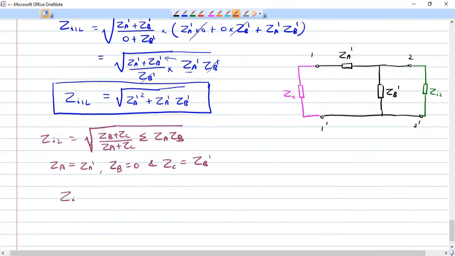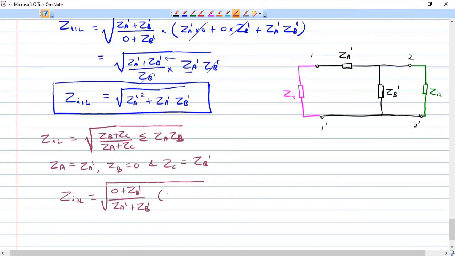So what happens to Zi2? It will be equal to, for an L network, so Zb is 0 plus Zb dash divided by Za dash plus Zb dash into sigma ZaZb.